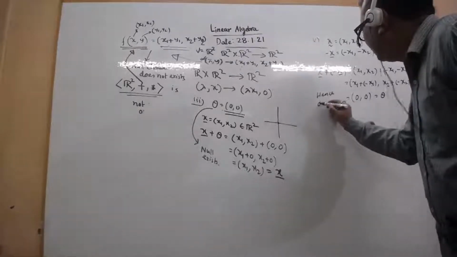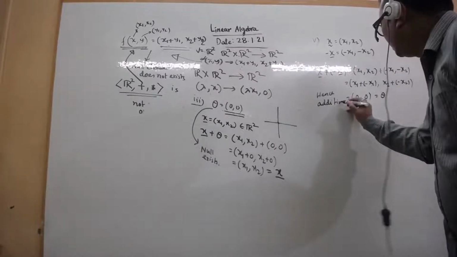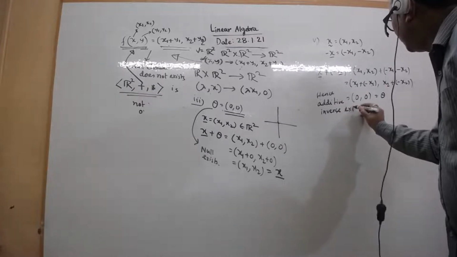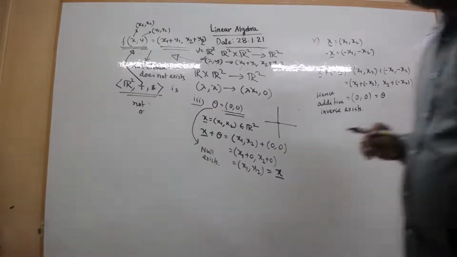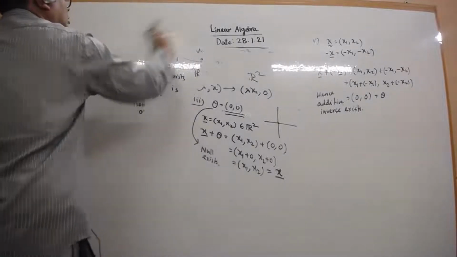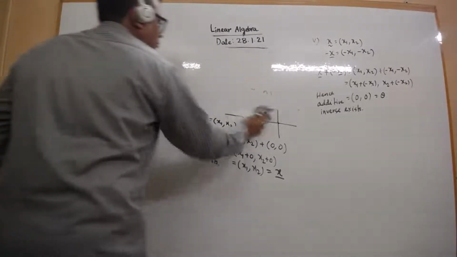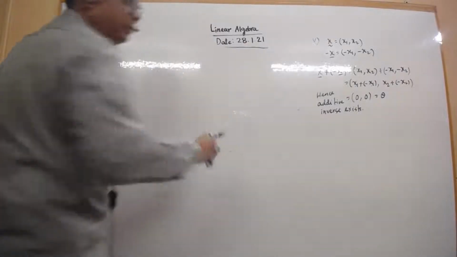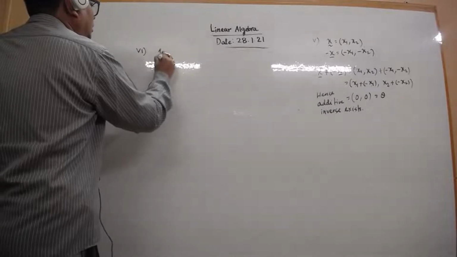Hence the additive inverse exists. Now, the sixth axiom, that is 1 into x.